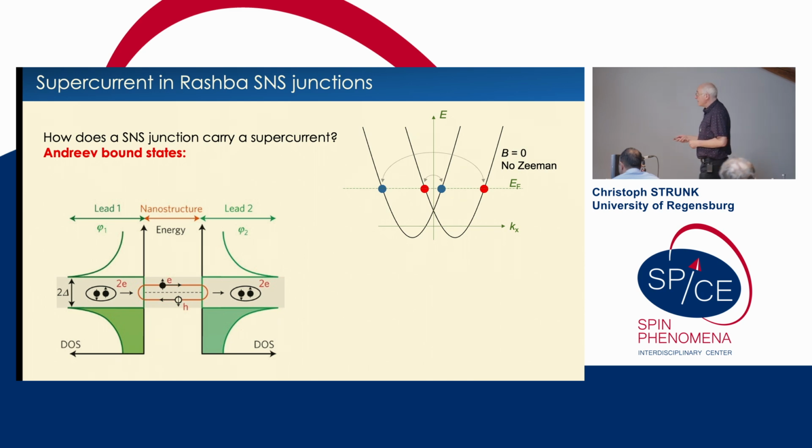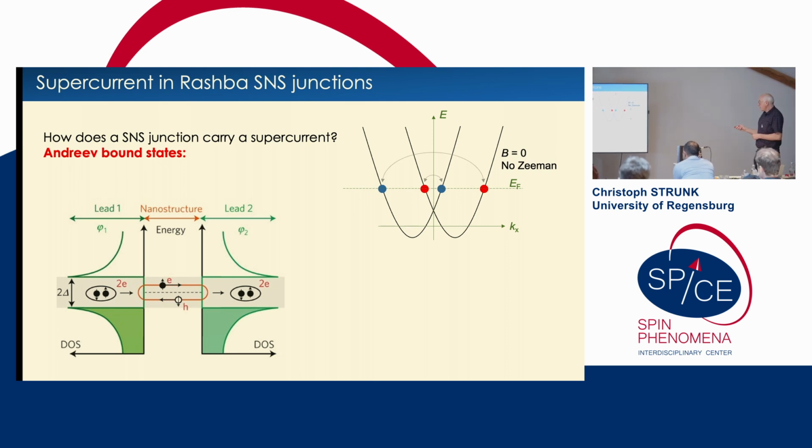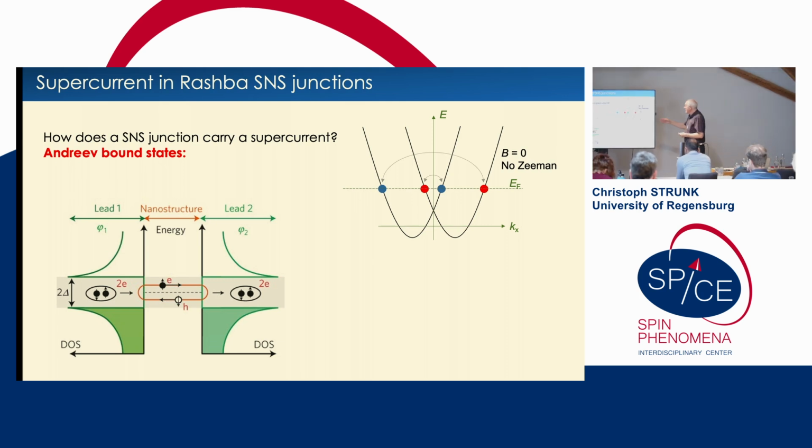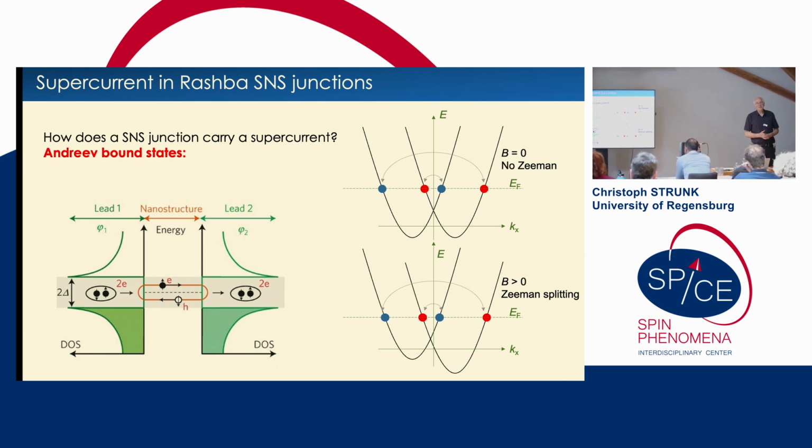So if we draw the two parabolas for the two spin directions, we see that in the absence of a Zeeman field, we can do Cooper pairing with opposite k-states. But introducing a Zeeman field shifts the parabolas vertically with respect to each other. And that produces a different velocity for forward and backward traveling electrons.